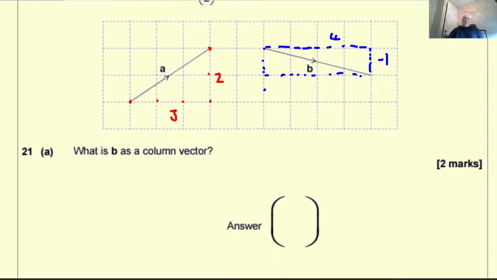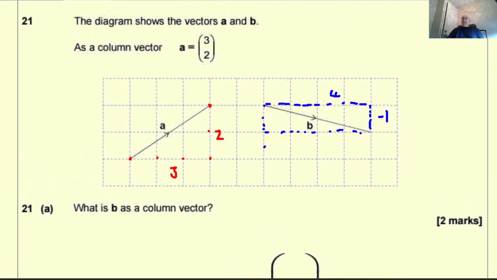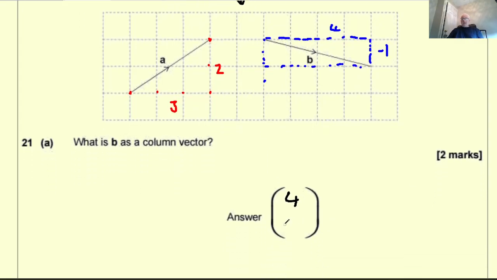What is B as a column vector? The column vector, if you think this way is left and right, this way is up or down. So how many am I going to the right? That's a positive, is going to give me 4. And then I'm going down 1, so it's going to give me -1. So as a column vector, 4 to the right, 1 down.